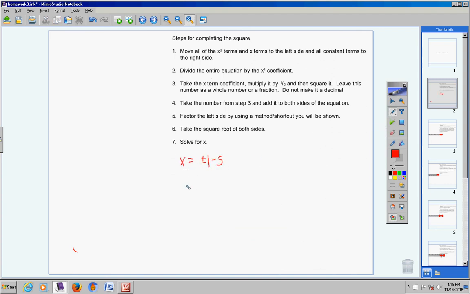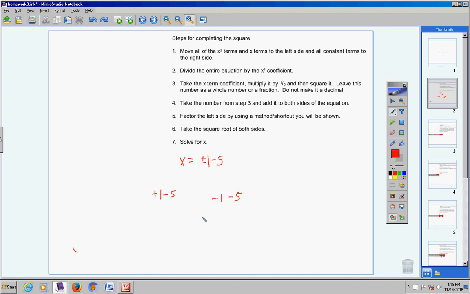So here's what you really have. You have a positive 1, negative 5, and then you have a negative 1, negative 5. You see, students, the 5 doesn't change. There's no plus or minus in front of the 5. There's only a negative. So the 5 is going to be negative no matter what, but the 1 is going to be positive in one scenario, and it's going to be negative in the other scenario.